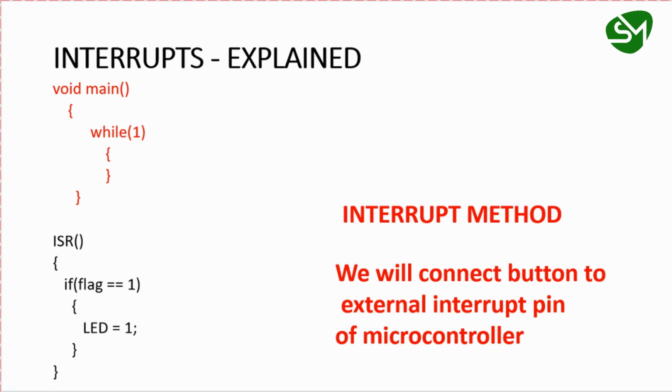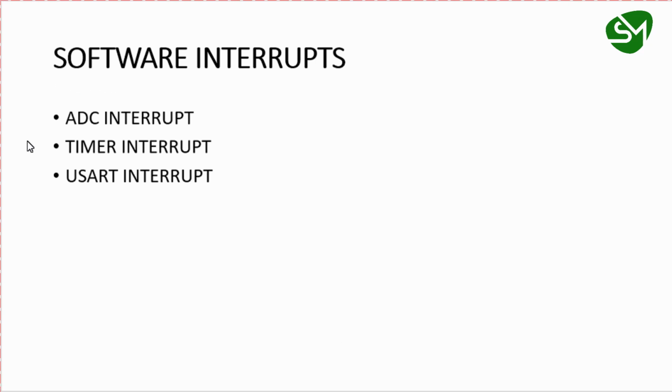Whether it is a hardware interrupt or a software interrupt, the process is the same, but the interrupt triggering methods may vary. Take the case of software interrupts such as the ADC interrupt: the interrupt will occur whenever the analog to digital conversion is complete, but the process for the interrupt is the same.